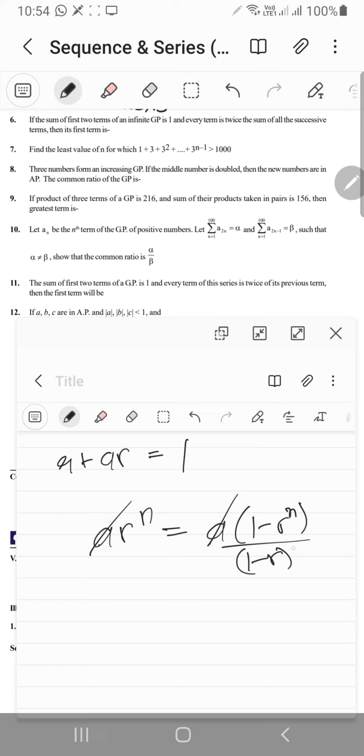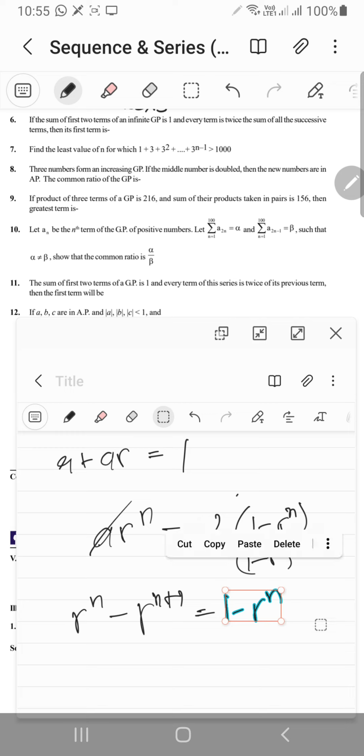That just tells us that r power n minus r power n plus 1 equal to 1 minus r power n. This is just so weird. Wait, it's twice the sum, so this is actually 2 times of that.